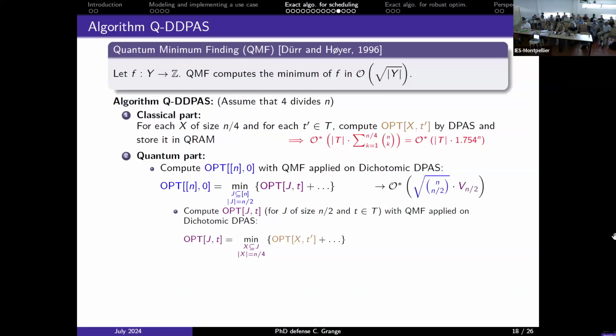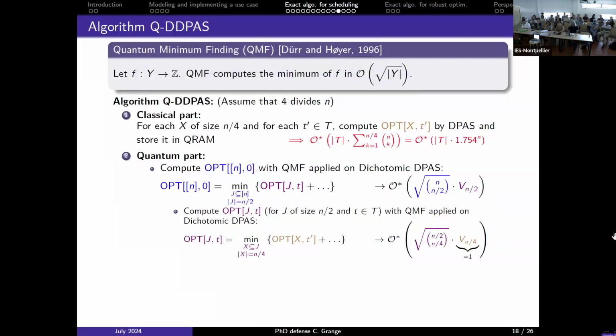So what about the quantum part? Well, first we apply quantum minimum finding to this equation. So the complexity is equal to the square root of the cardinality of the minimum. So here it's n/4 among n, multiplied by the complexity of computing those terms. And this is done recursively by also using quantum minimum finding. And here we are looking for a minimum of a set of jobs of size n/4.